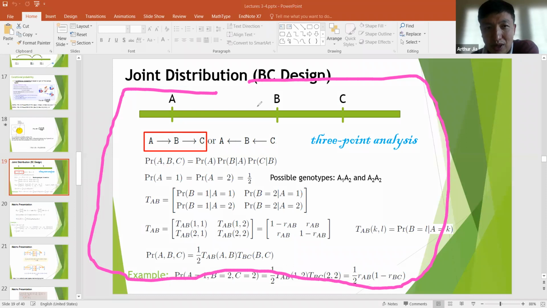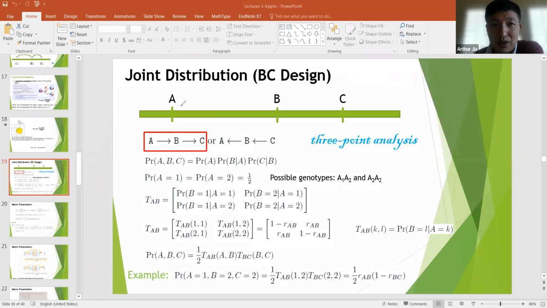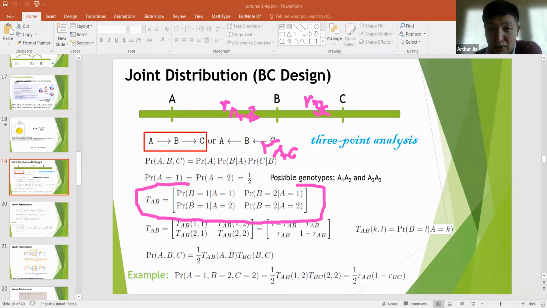For example, if we knew the map of the 3 loci, A, B, and C, and if we knew the RAB, RBC, and RAC, something like this, you need to know how we construct this transition matrix, and what the transition matrix is for, right?